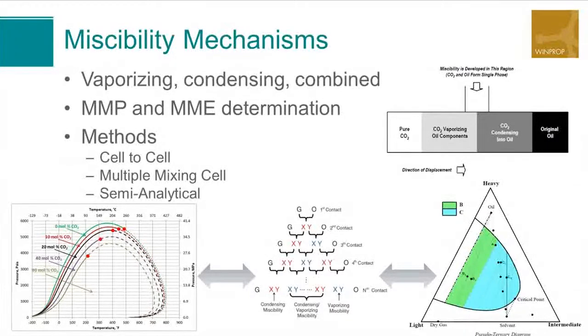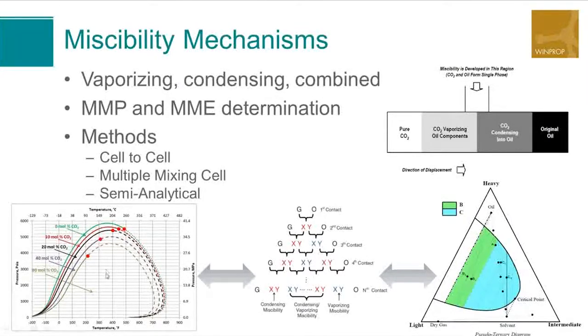The MMP and MME determination is essential for multi-contact miscibility conditions. In WinProp, we have different methods such as cell-to-cell simulation, multiple mixing cell, or semi-analytical methods to calculate the MMP and MME for any gas and oil mixture.